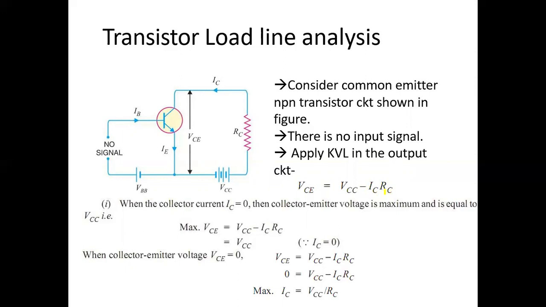Putting VCE equal to 0, we finally have the equation for maximum current, that is IC is equal to VCC divided by RC.